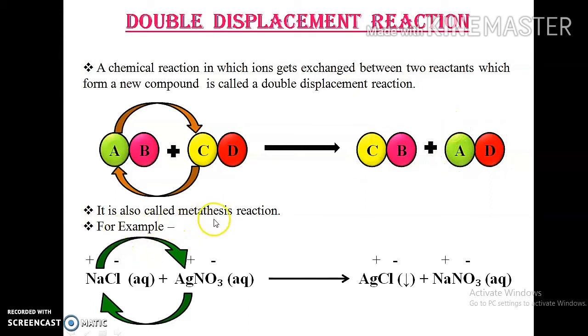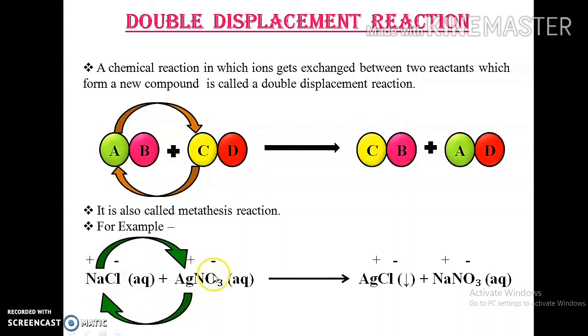It is also known as a metathesis reaction. You can see in this example NaCl reacting with AgNO3. Na+ and Ag+ exchange among themselves: Na takes the place of Ag and Ag takes the place of Na.